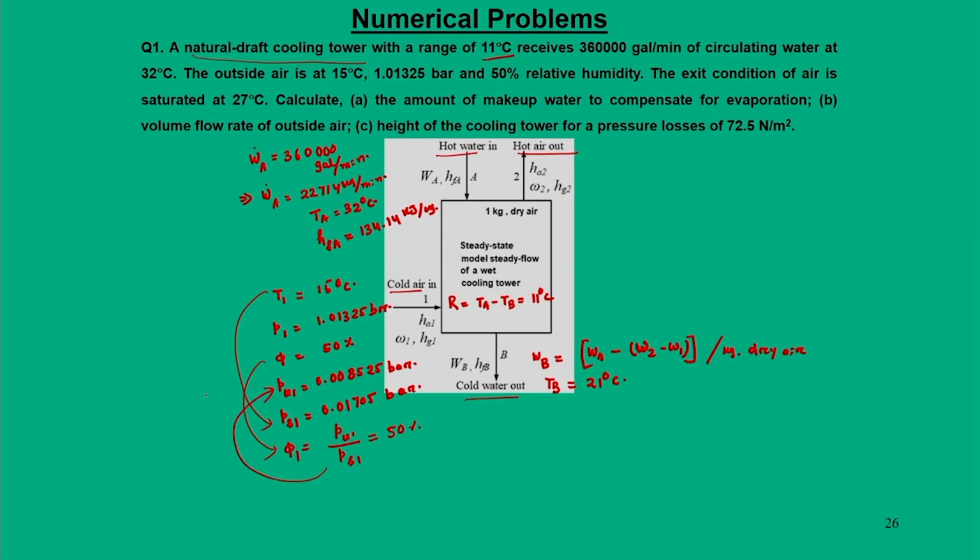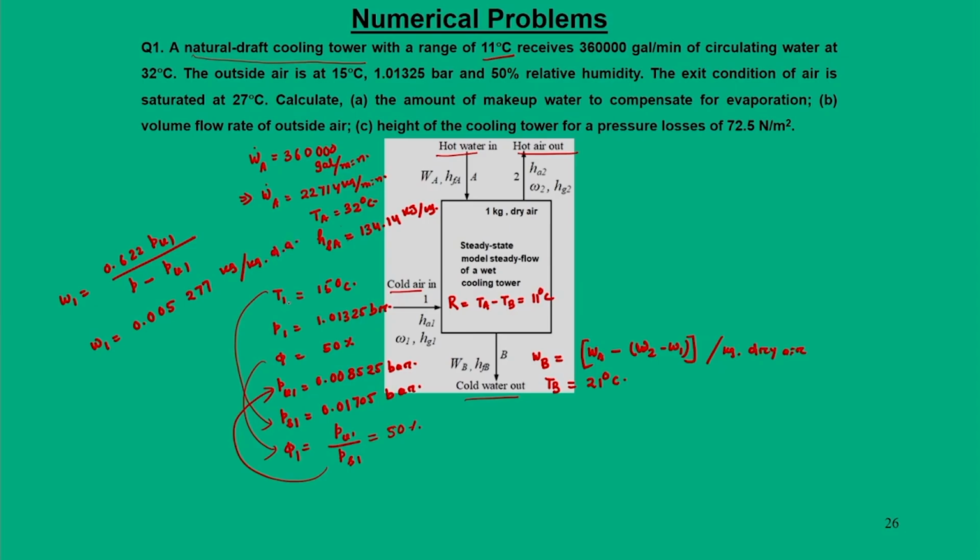Then further we can calculate omega 1 as 0.622 PV1 divided by P minus PV1, and from this we can calculate omega 1 is equal to 0.005277 kg per kg dry air.